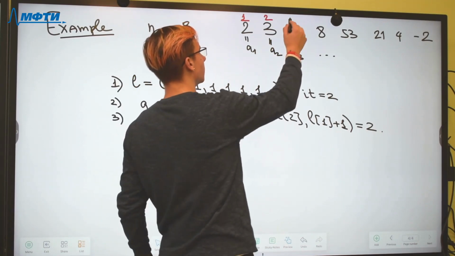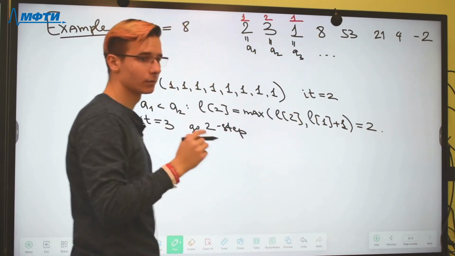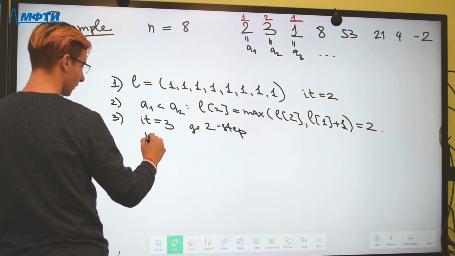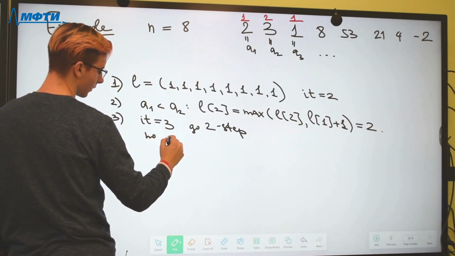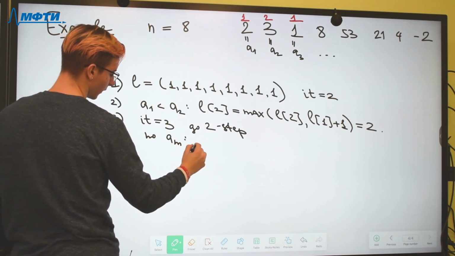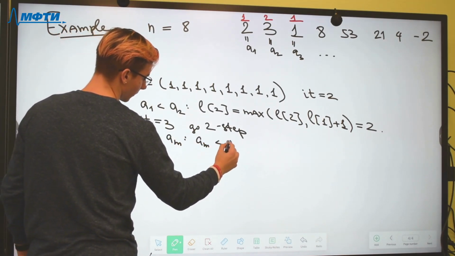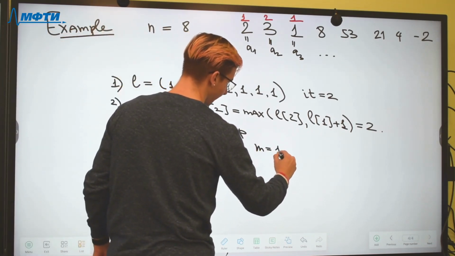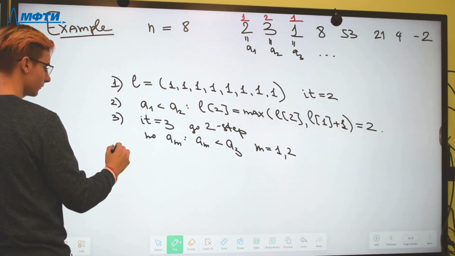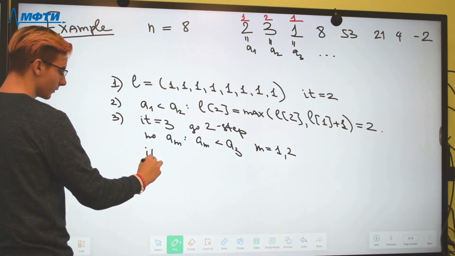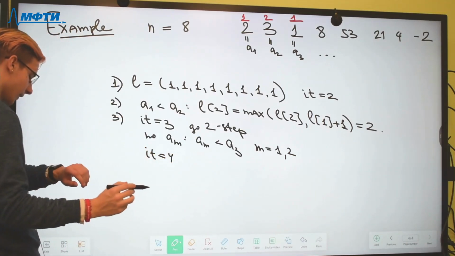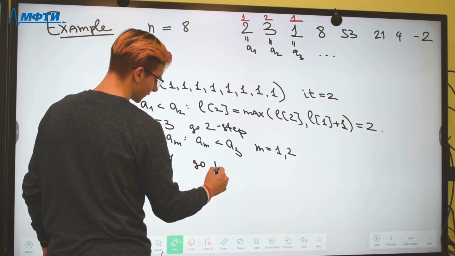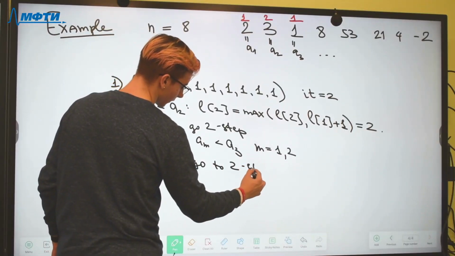So it's equal to 1. We set the iterator equal to 4 and go to the second step.